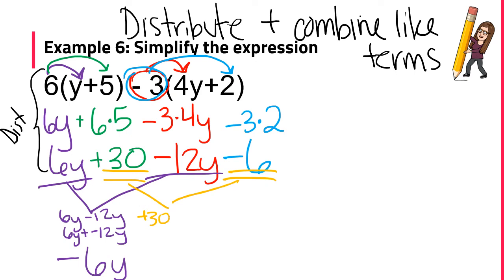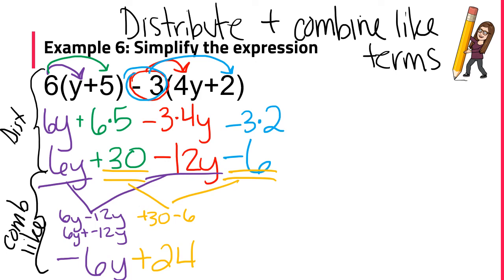Positive 30 minus 6 is positive 24. So in this step, what we did is we combined like terms. All right, so you're not going to have a single pretty little answer. You're still going to have something that has multiple terms, and that's okay. But we want to get rid of any parentheses, and we want to combine any like terms.